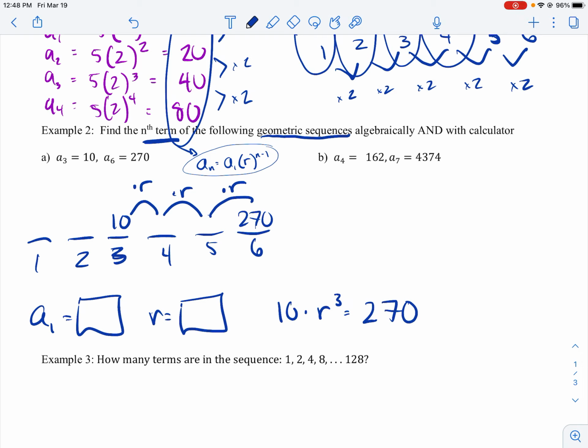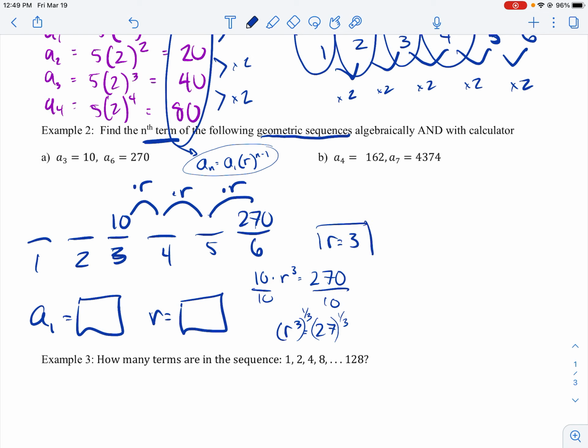And luckily this is a multi-step problem here, so we treat it as is. Divide by 10. r cubed is equal to 27. Then raise it to the 1/3 power. r is equal to 3.